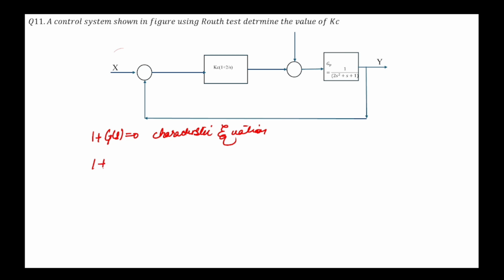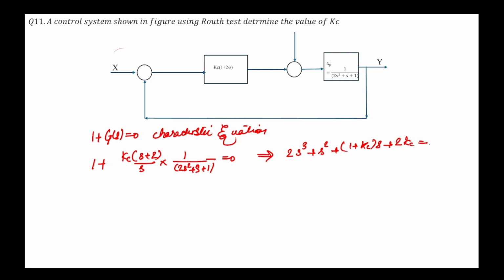So 1 plus Kc (s plus 2) by s into 1 upon (2s square plus s plus 1) is equal to 0. When you solve this, you will get 2s cube plus s square plus (1 plus Kc)s plus 2Kc is equal to 0.